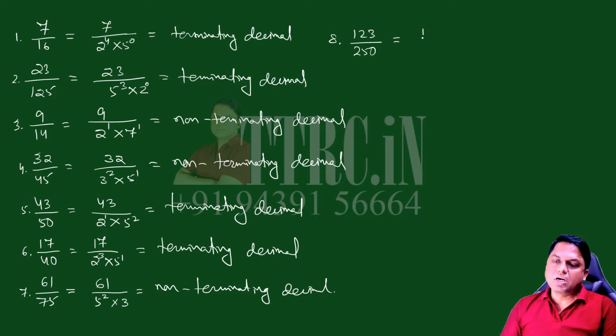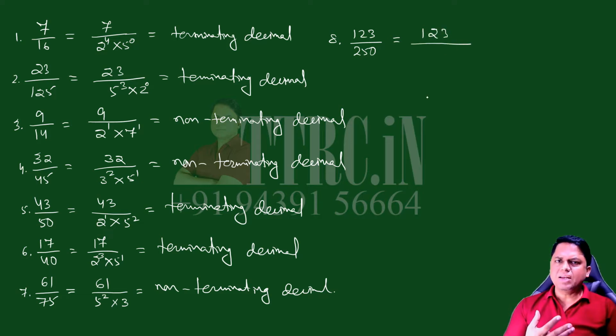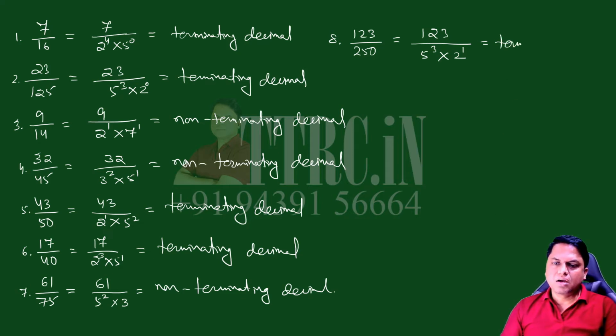The next one, 250. So 25 multiplied by 10, and 10 means again 5 multiplied by 2. So it is 5 to the power 3 multiplied by 2. As only 2 and 5 are the factors of the denominator, it is a terminating decimal.